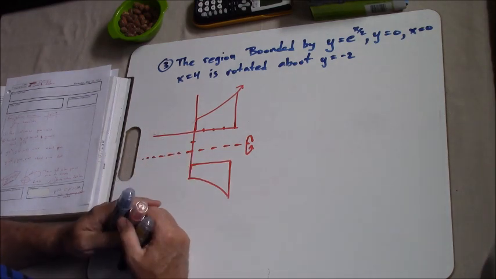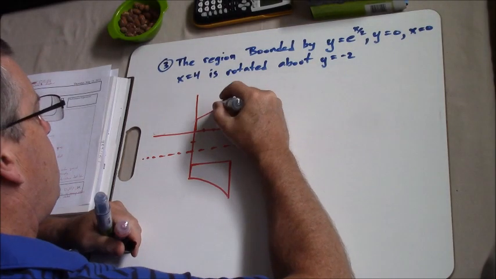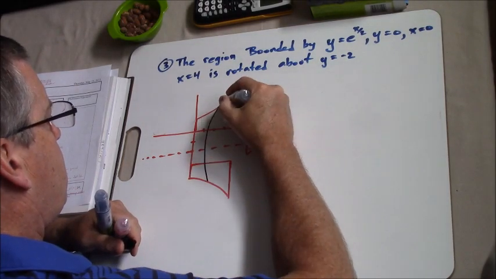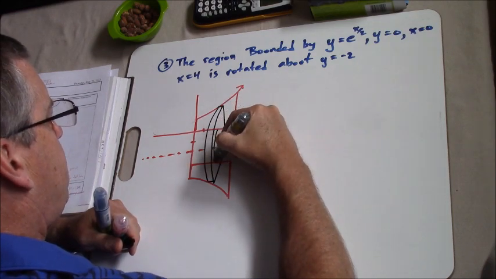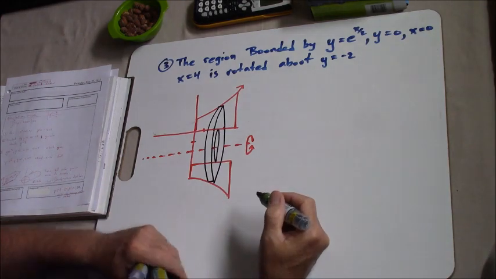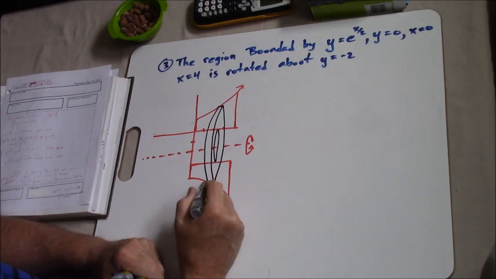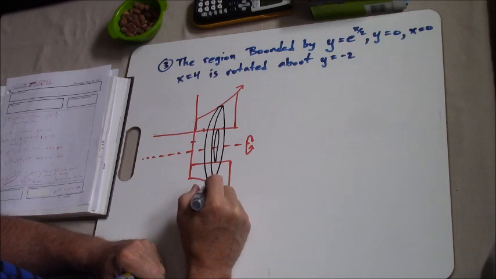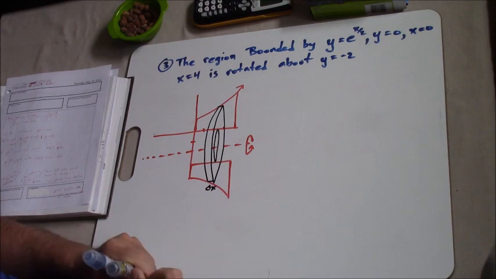And so again, this sort of looks like a washer method, right? There's my washer. Here's the hollow part on the inside. And again, this is running parallel to the x-axis, so we're setting up everything in terms of x.